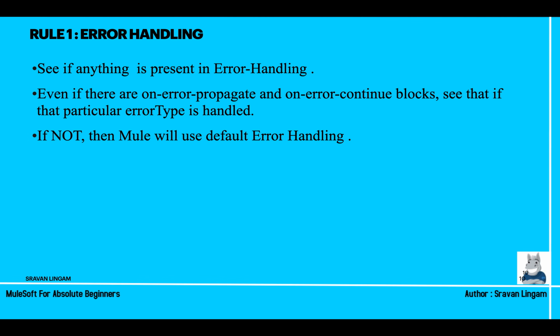If not, in the above two scenarios, that is, if there is nothing present, or if on error propagate and continue are present but the error type is not handled, Mule will use default error handling.